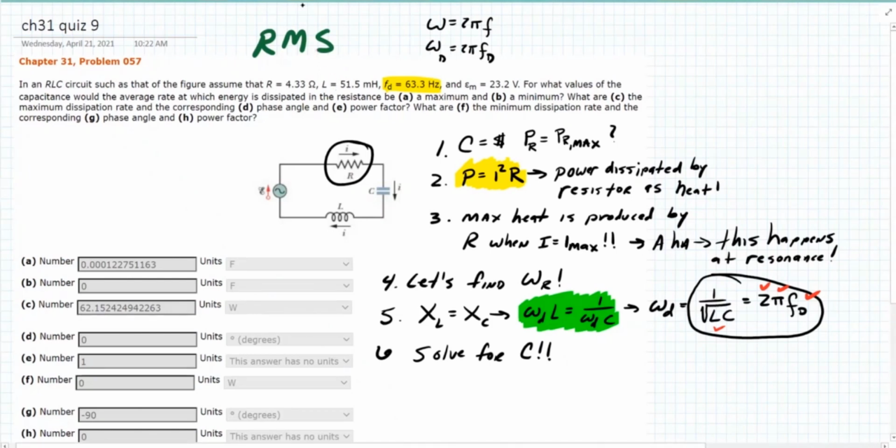So I know what my capacitor value needs to be for resonance to occur. So C equals 1.2275 and some change, 1.2275 e to the minus 4 farads.